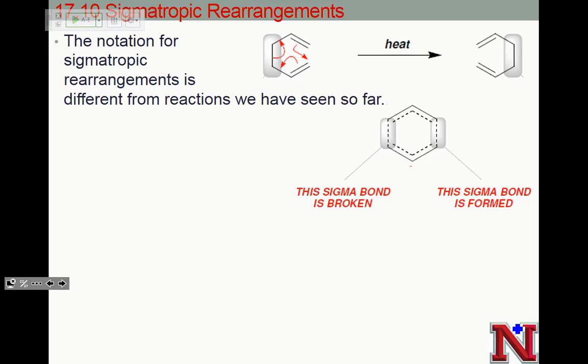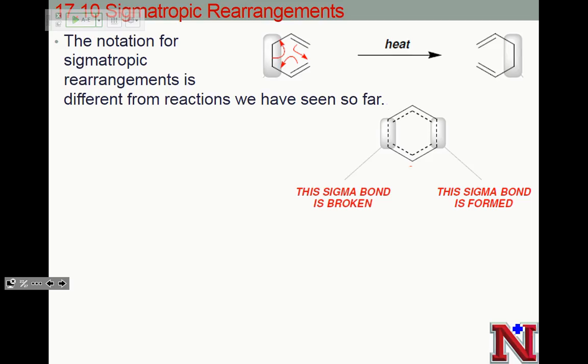So our rearrangement is a rearrangement. And the difference is where the pi bonds are, but overall we have the same amount of pi bonds and the same amount of sigma bonds that we started with before and after the reaction. The difference is where the pi bonds are actually located.